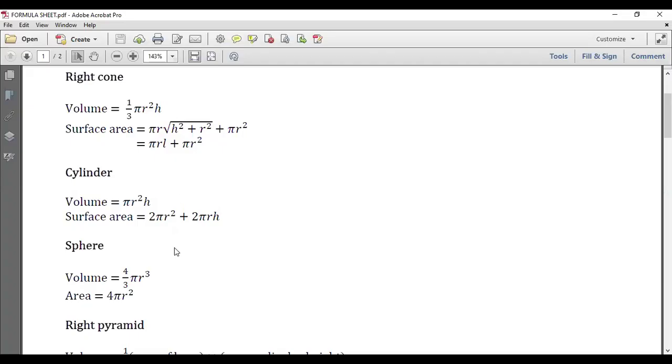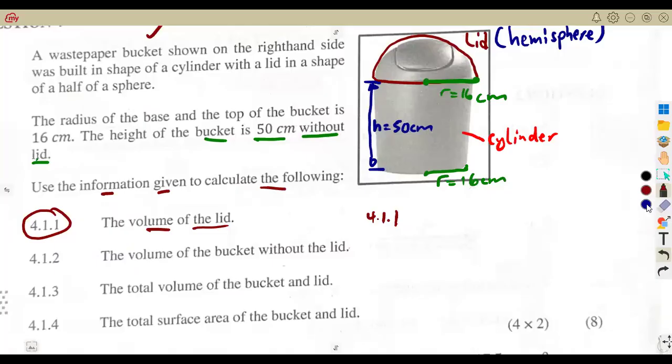As we know, the volume of a sphere is given as 4/3 pi r cubed. That's a complete sphere. What about a hemisphere? A hemisphere is half of that. So the volume of the lid in this case, which is the hemisphere, is going to be half the volume of a sphere. And the volume of a sphere, we saw that it is 4/3 pi r cubed. Half of that.